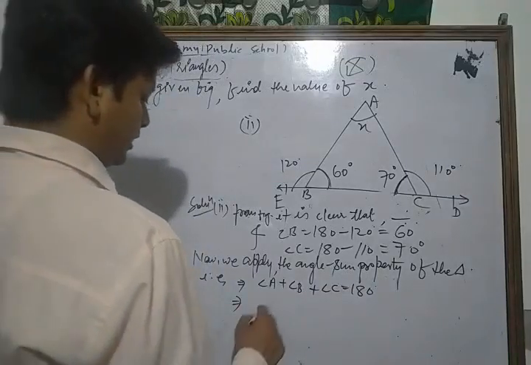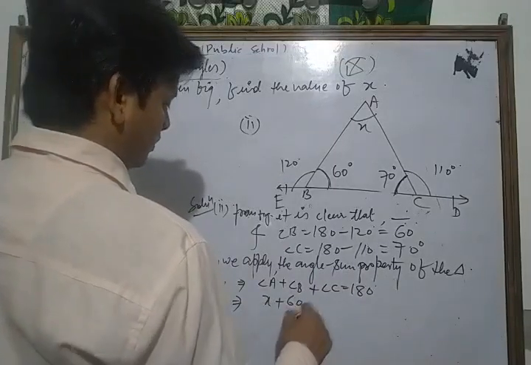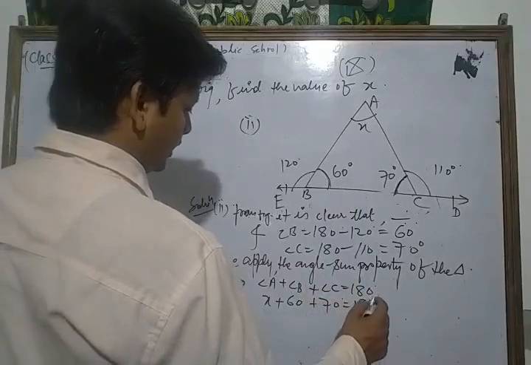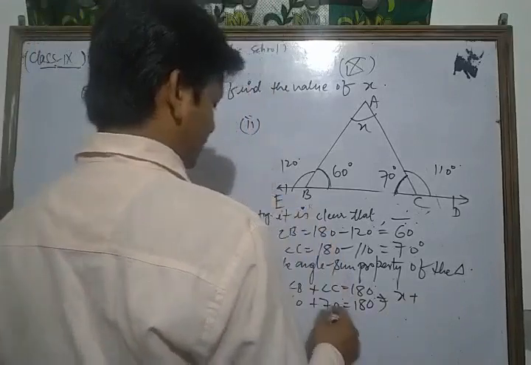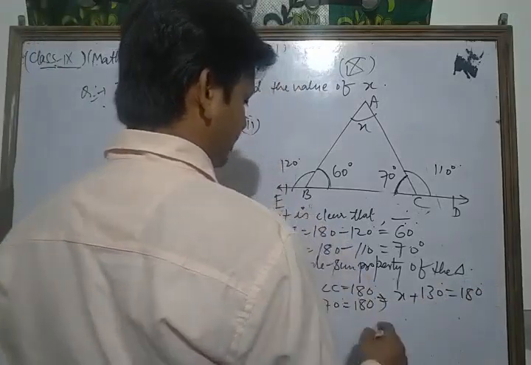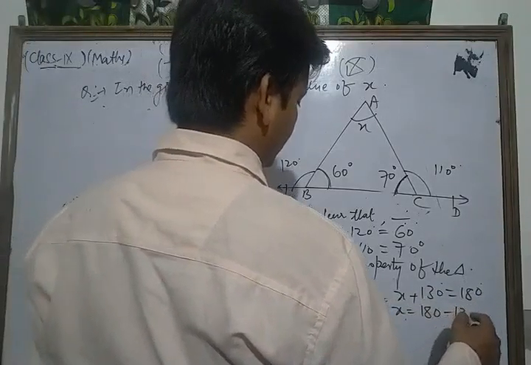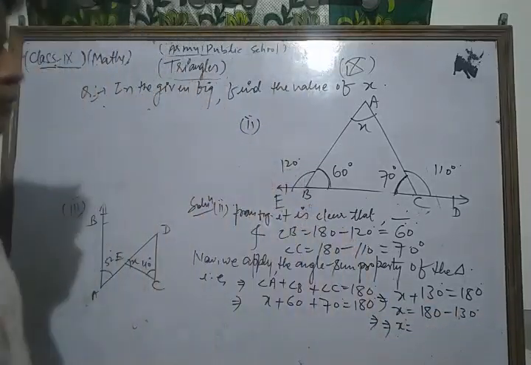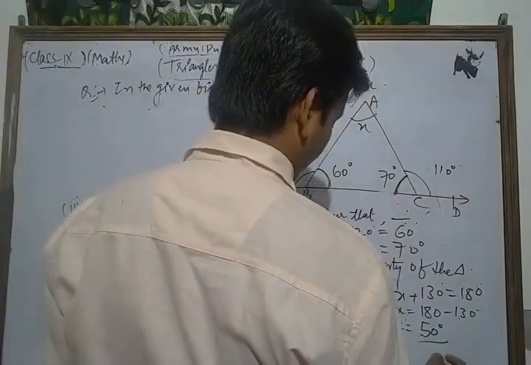Angle A is x, angle B is 60, plus angle C is 70, is equal to 180. Now from there we get x plus 130 is equal to 180. So from there value of x is 180 minus 130, that is 50 degree.